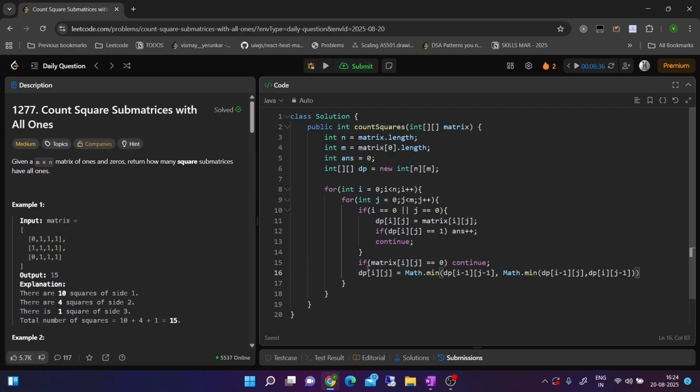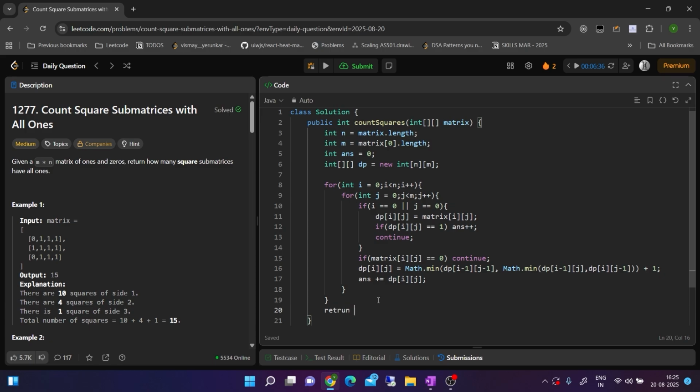And since we are getting rid of the 0 values, we are left with only cells which have 1 in them. So we will increment by 1, and then in the end we will just increment our answer by this dp of i and j, because at this point we have got how many squares can be formed such that this is the ending cell of that particular square. And we can just simply return this.